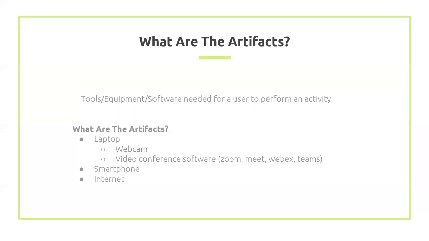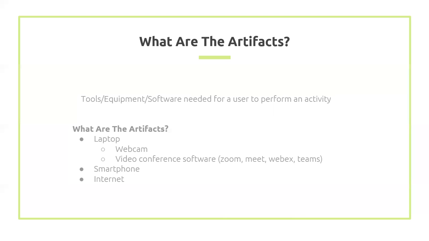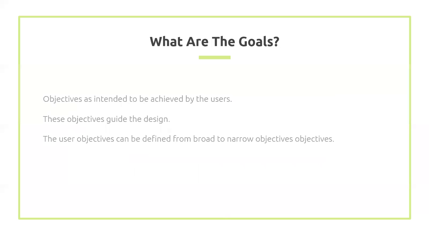But if you want to present, you also need a webcam or web video conference software such as Zoom, Meet, WebEx, and Teams. You will need the internet. Internet is also an artifact. Getting the internet package is the step. Internet is an artifact that is needed for a student to do online learning, and so on.